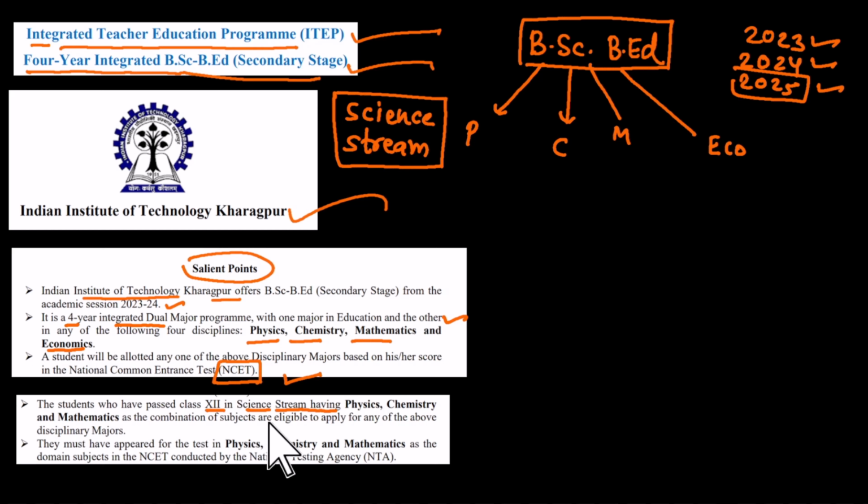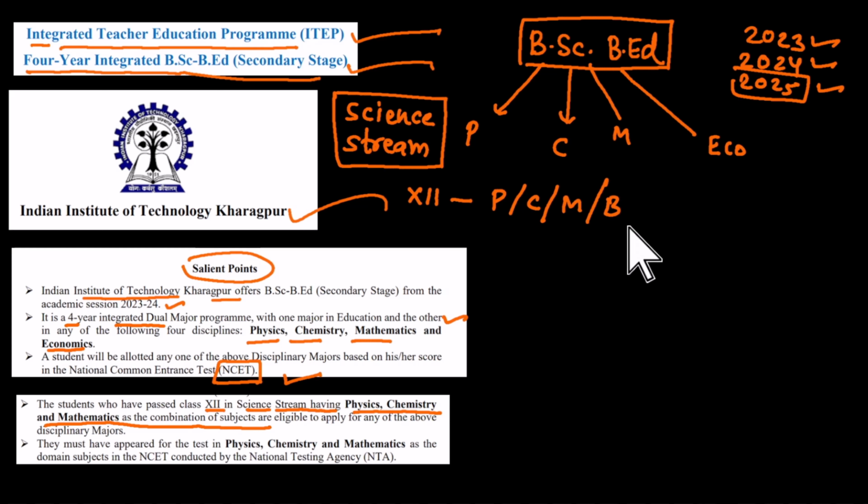No. So you have to be in the science stream and you should have physics, chemistry and maths as the combination of subjects. That means in your class 12th, you should have physics, chemistry and maths. Some of the students are PCMB, so biology, no issues. But you should have at least physics, chemistry and maths in your class 12.